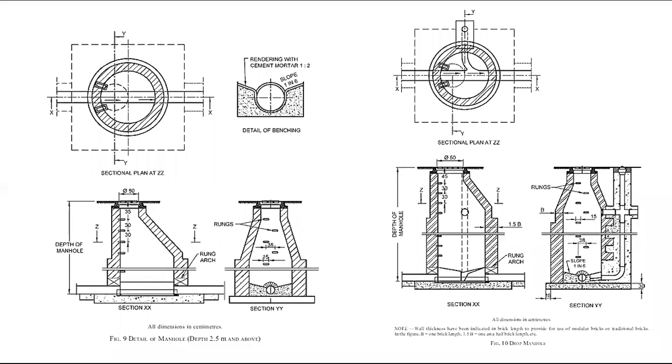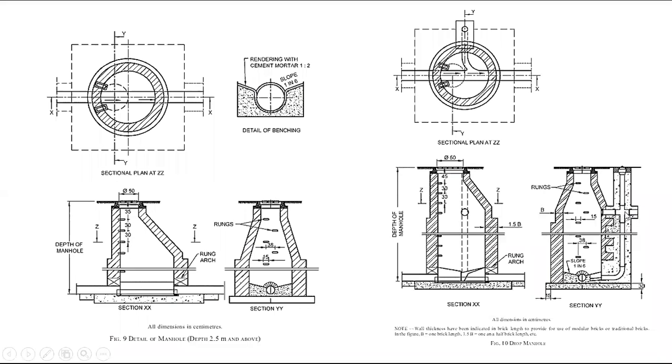In one street, assume some 100 manholes will come. If you connect 5 to 10 pipes to each of the 100 manholes, think how much noise will come. You will hear all that noise while sleeping at night. That's why we are giving a drop manhole.